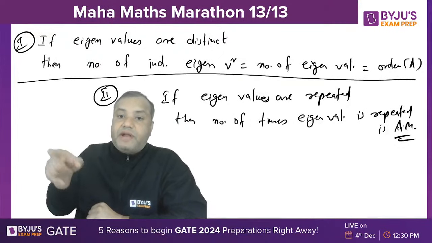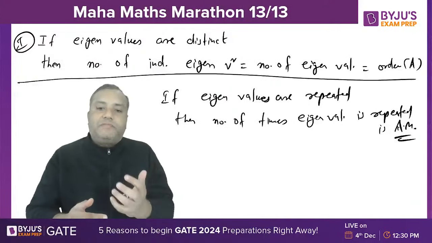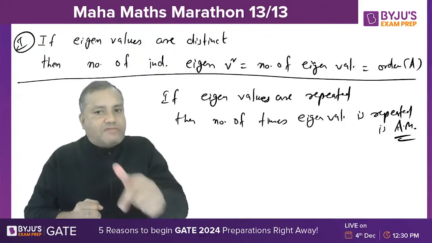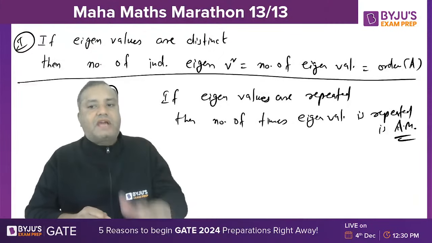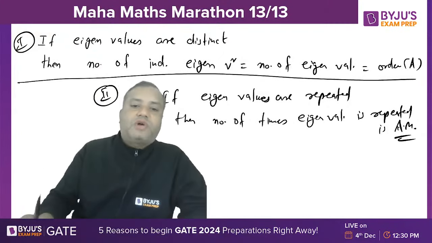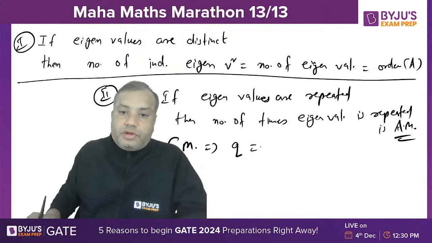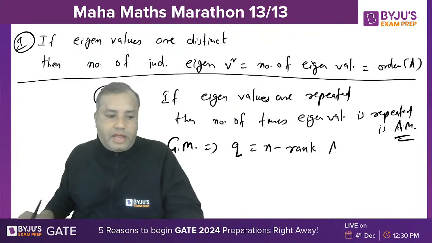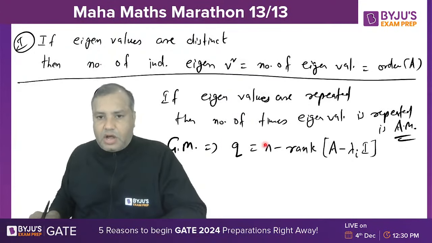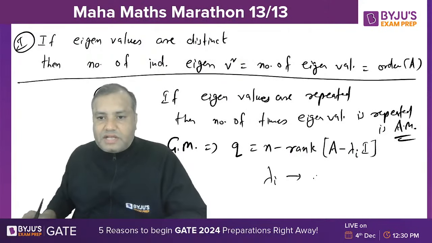And how many independent eigenvectors associated with this repeated eigenvalue is given by the concept of geometric multiplicity, which is denoted by Q. And the formula for GM is n minus rank of A minus lambda I. This n is the order of the given matrix, and lambda suffix is small I, lambda I is nothing but repeated eigenvalue.